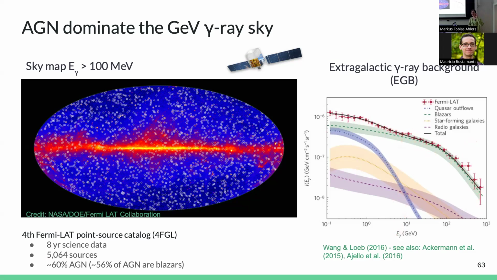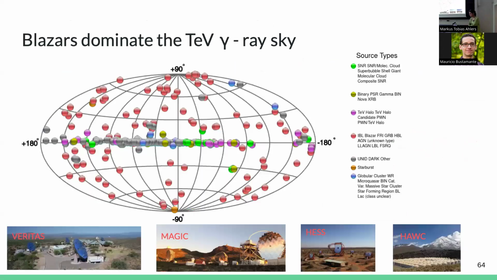So we kind of know that the dominant sources of high energy radiation, which is being produced by relativistic electrons and positrons, is coming from these jets. But not only that, blazars also dominate not just the GeV gamma ray sky, but also the TeV gamma ray sky. If you look at all the red circles here, these are TeV blazars.